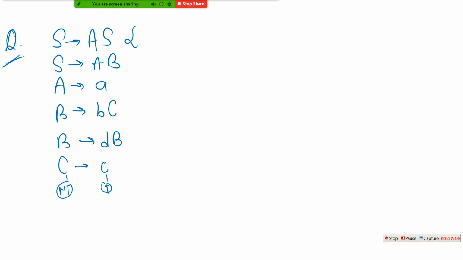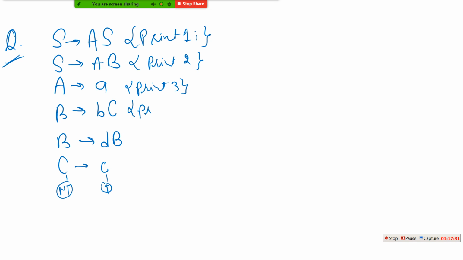Now the semantic rules: it will print 1, it will print 2, it will print 3, it will print 4, it will print 5, and this transition will print 6.